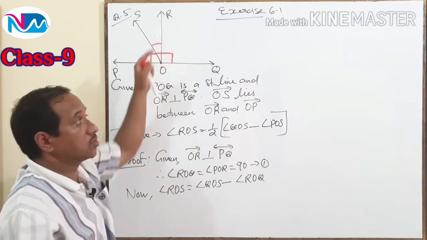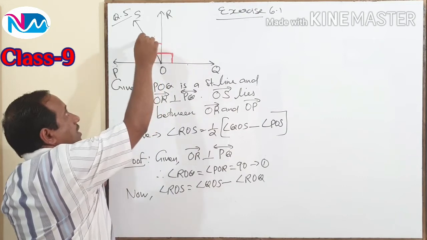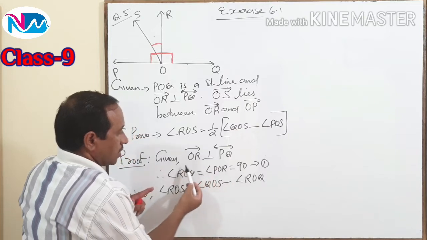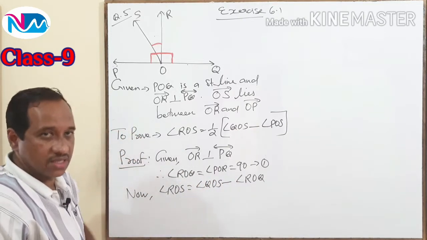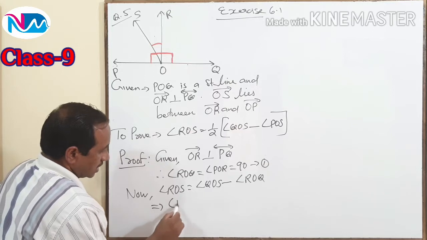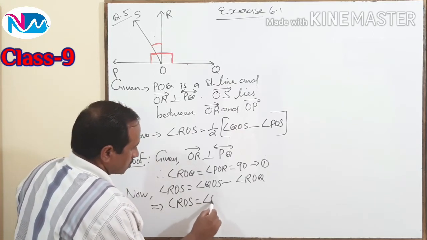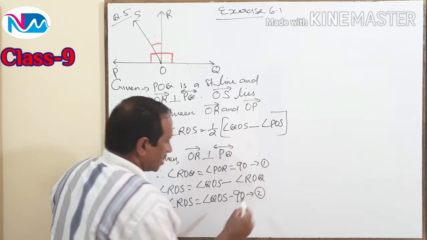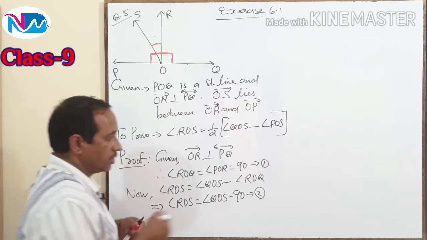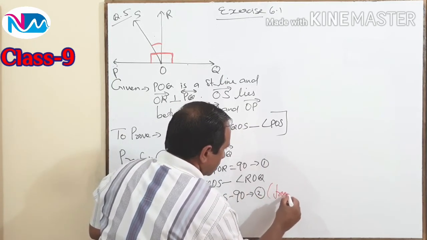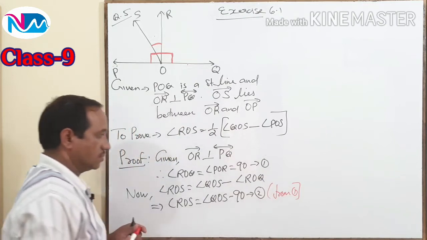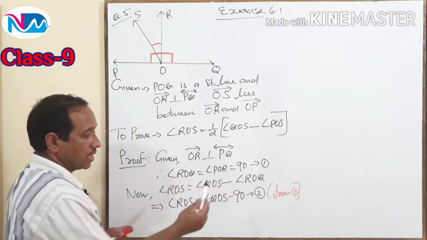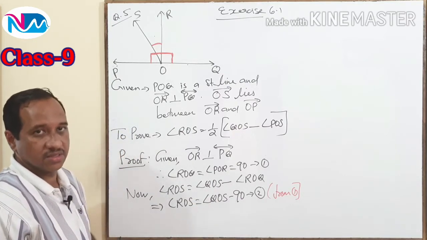And from equation number 1, angle ROQ is equal to 90 degrees. So we can say that angle ROS is equal to angle QOS minus 90, equation number 2.